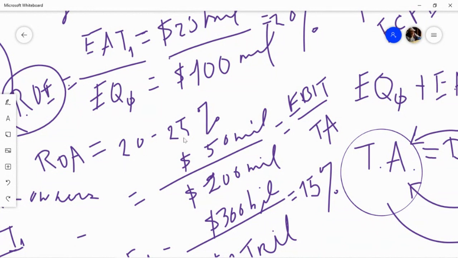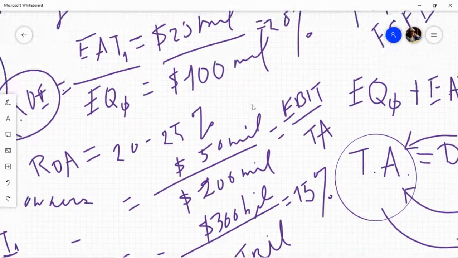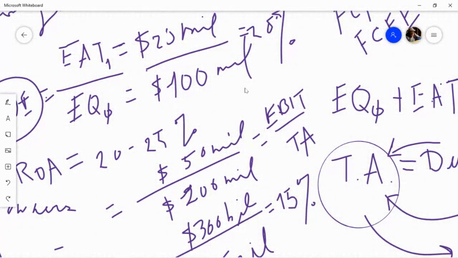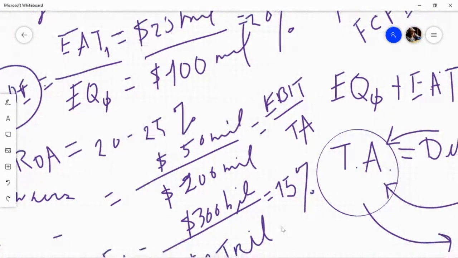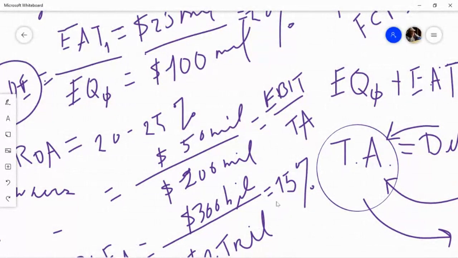But is this company necessarily less profitable than Apple? No, you can't say that, because if we take the return on equity, the return on equity of this company is 20%, whereas return on equity of Apple is 15%.